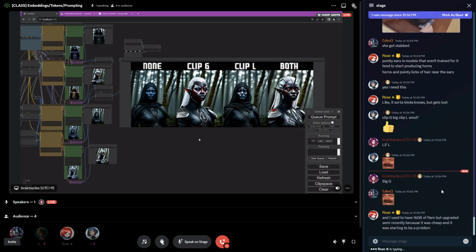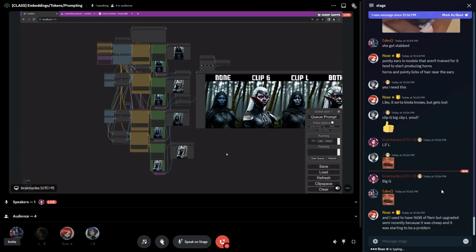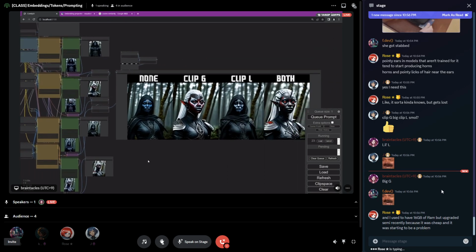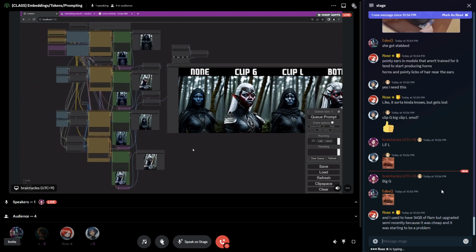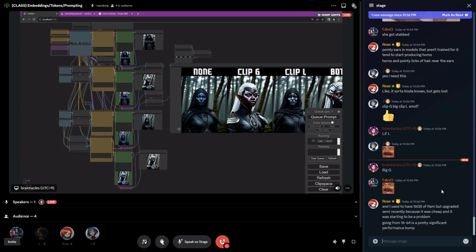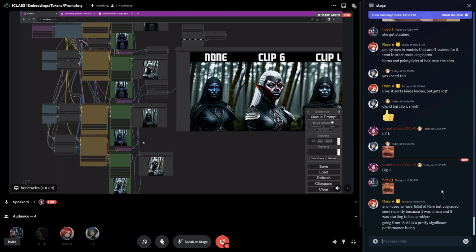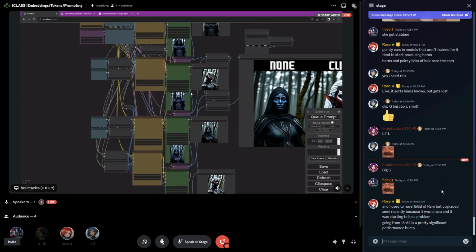I used to have 16 gigs of RAM, but upgraded semi recently because it was cheap and it was starting to be a problem. Yeah, then if there's anybody here who can really squeeze all the juice out of this tool, it is you. Very excited to see what you're going to make with that. 16 to 64 is massive.